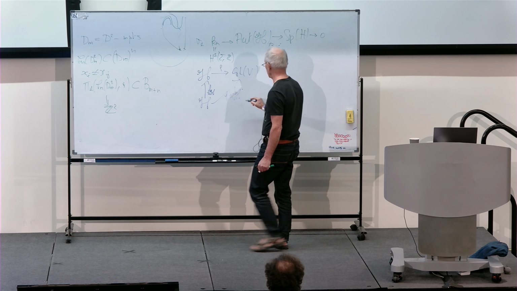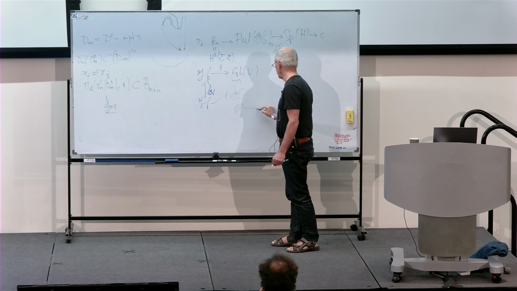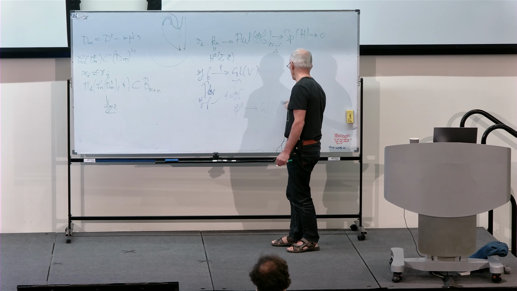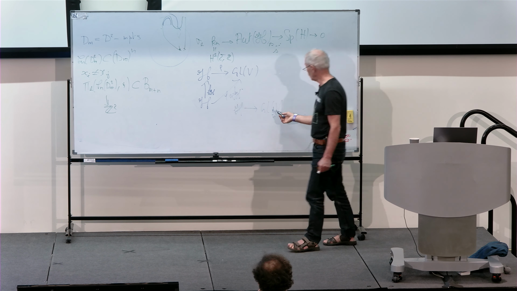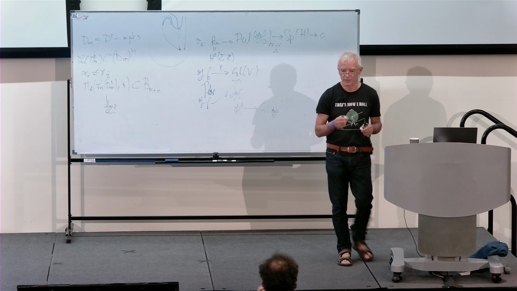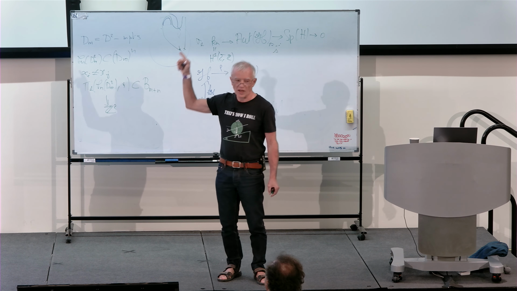We get a map from H to GL of what we will denote FH V, V twisted by FH. This is a notation. So you think that we understand what happens at the level of the coefficient.